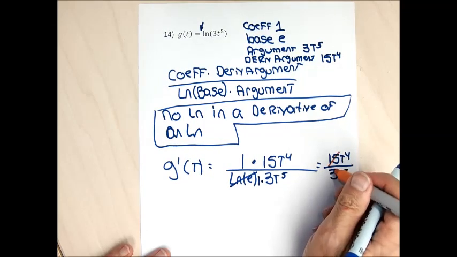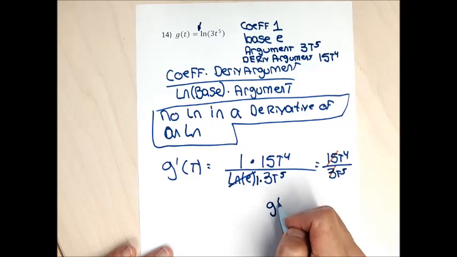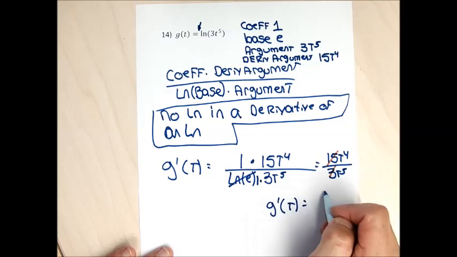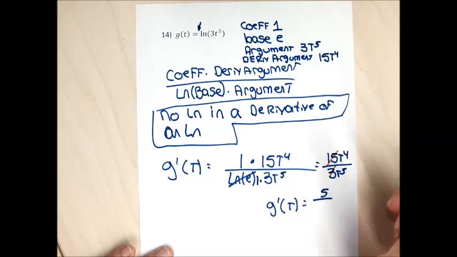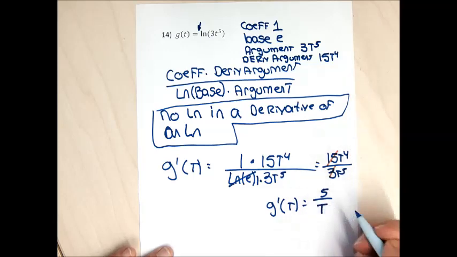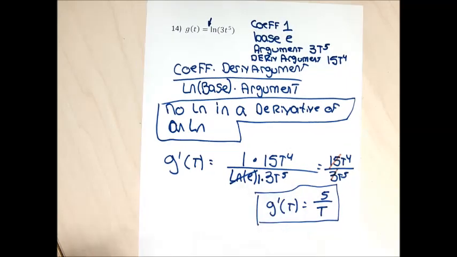I'm going to simplify by dividing 3 into 15 and getting a 5 in the numerator. And for the t's, I'm going to subtract the exponents and leave the t in the denominator because the larger exponent for the t is in the denominator. 5 minus 4 is 1, and we'll be left with a t to the first power in the denominator. And I don't need to write the exponent when the exponent is 1.